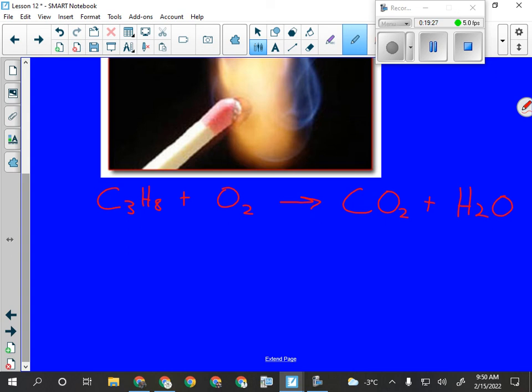Propane is what your barbecue uses. So we have C3H8, that's propane, reacting with oxygen gas, producing carbon dioxide and water. Now, right now, this reaction is not balanced. Right? On this side of the reaction, there are how many carbons? 3. How many are there over here? 1. Okay, so this isn't balanced.